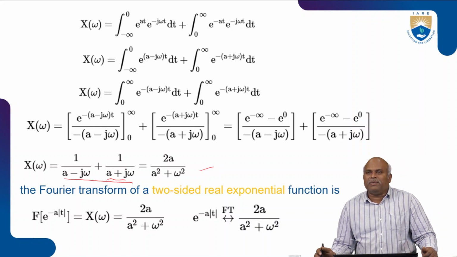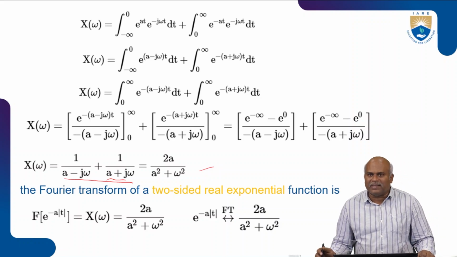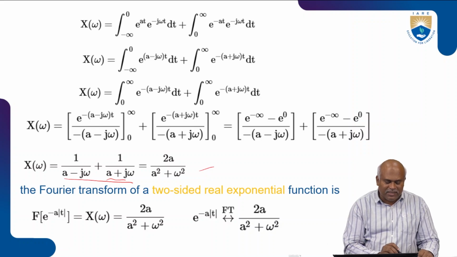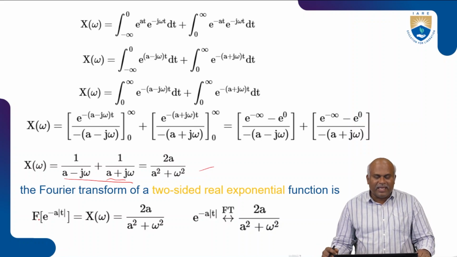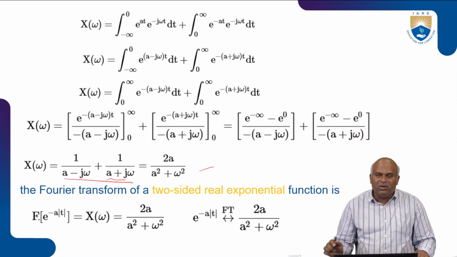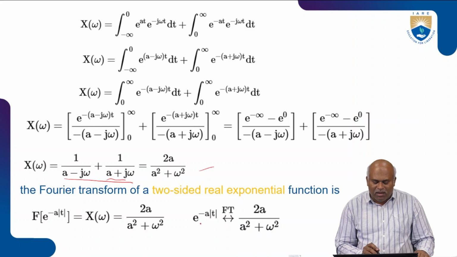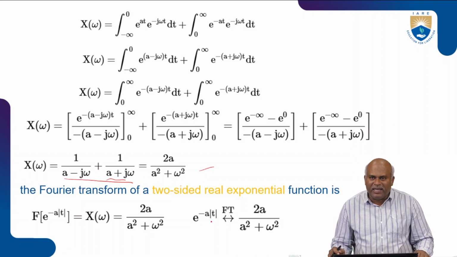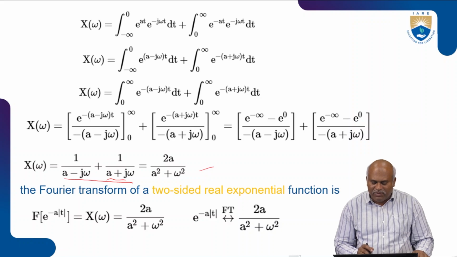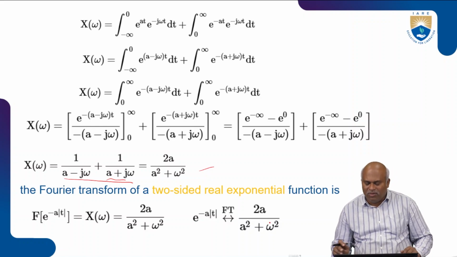The Fourier transform of the two-side real exponential function is represented as F of e power minus a mod of t equal to X of omega, that value equal to 2a divided by a square plus omega square.